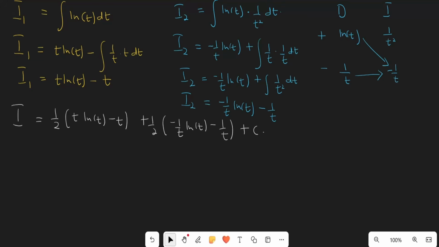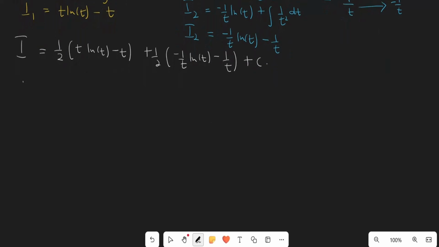You can put the constant of integration. Why not? I is going to be equal to, distributing the half, 1/2 t ln of t minus 1/2 t, plus the same thing here, minus 1/2 times 1 over t ln of t minus 1/2 times 1 over t, plus the constant of integration.